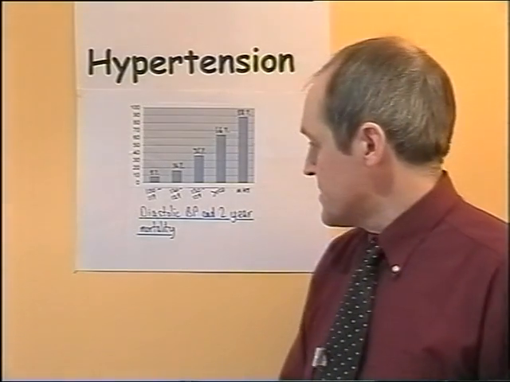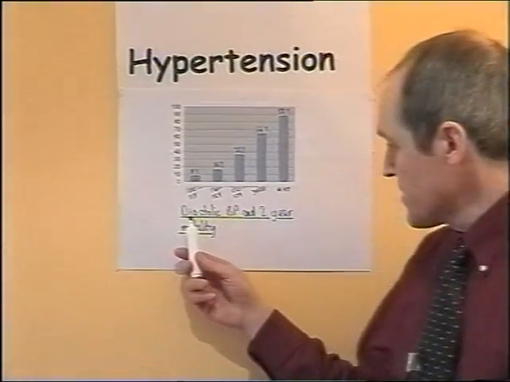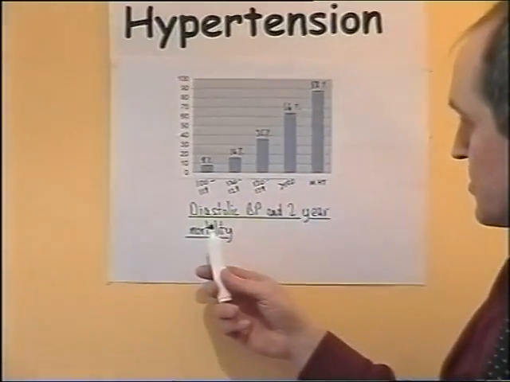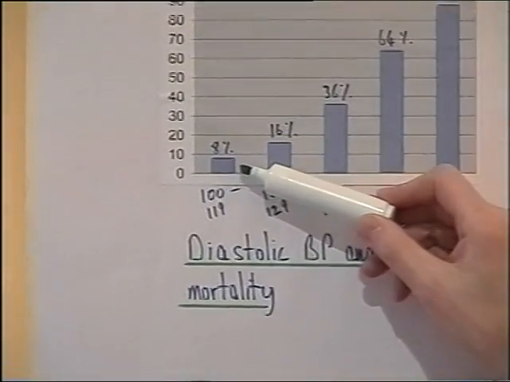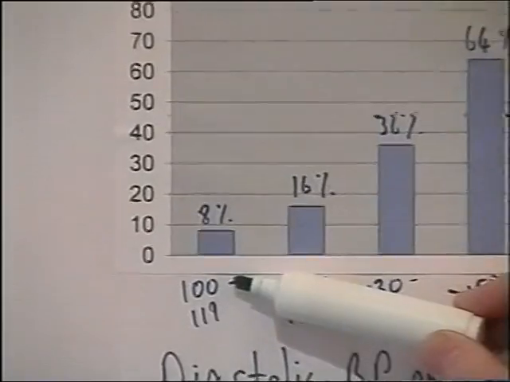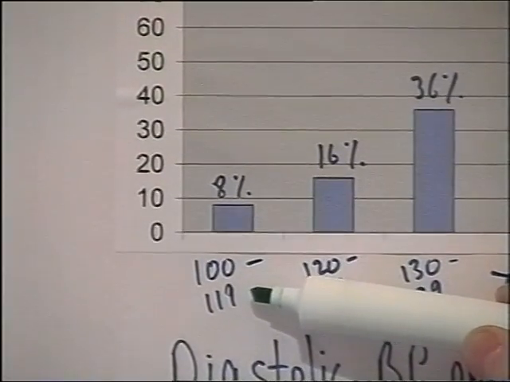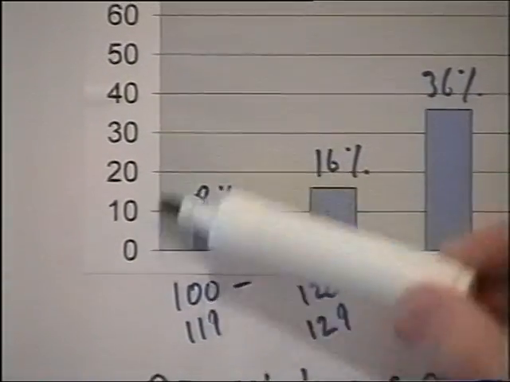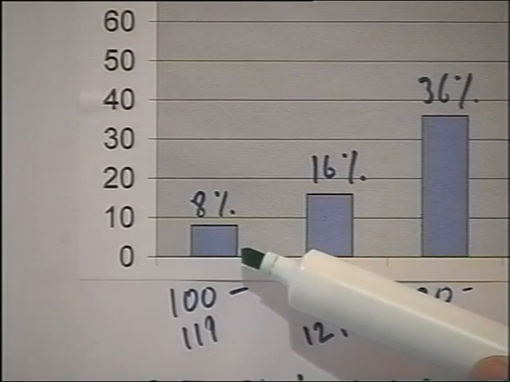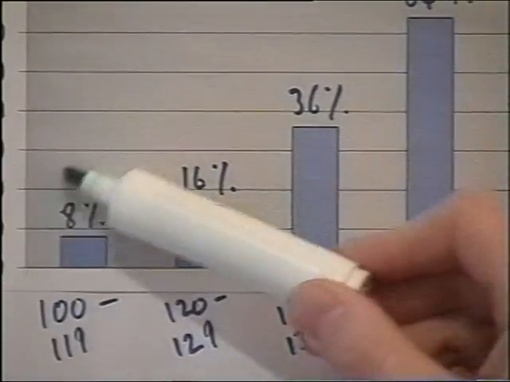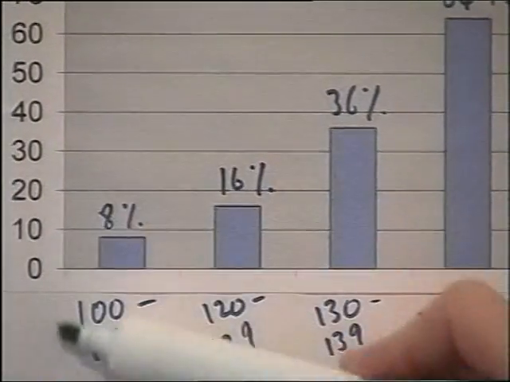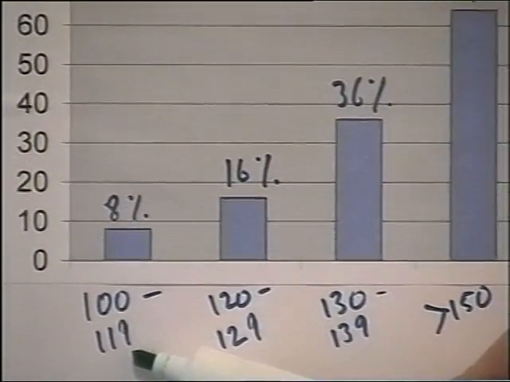Now, this graphic looks at diastolic blood pressure and 2-year mortality. For those with a diastolic blood pressure between 100 and 119, the 2-year mortality rate is 8%. 8% of the patients with this blood pressure will die over a 2-year period.